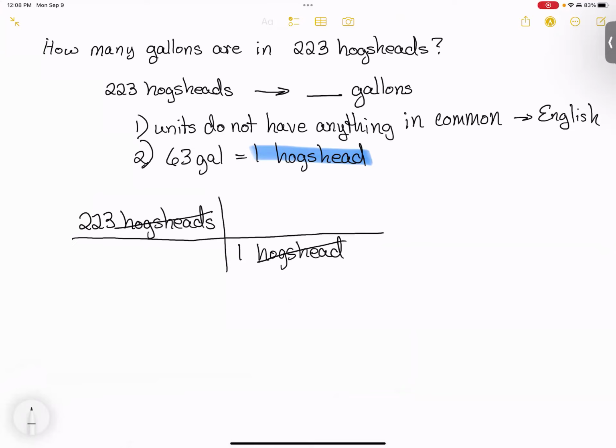The other half of that equality goes into the numerator. So the 63 gallons goes in the numerator. Because that is the unit I wanted to solve for, I'm going to do the math. So 223 times 63 is 14,049 gallons.